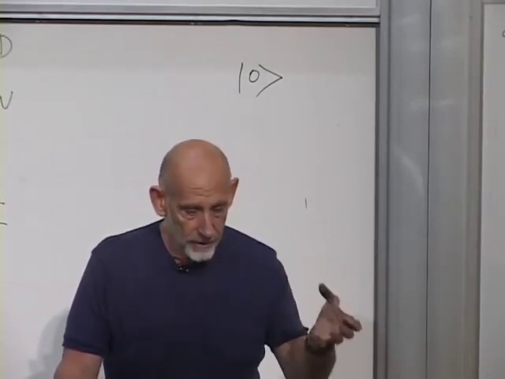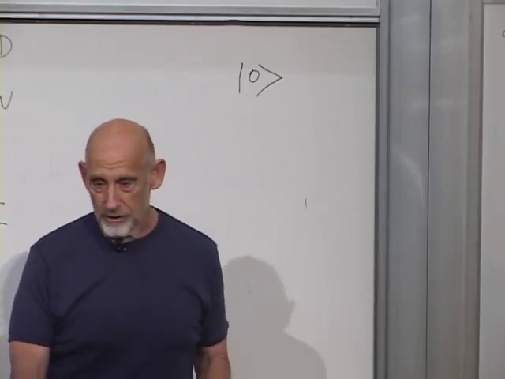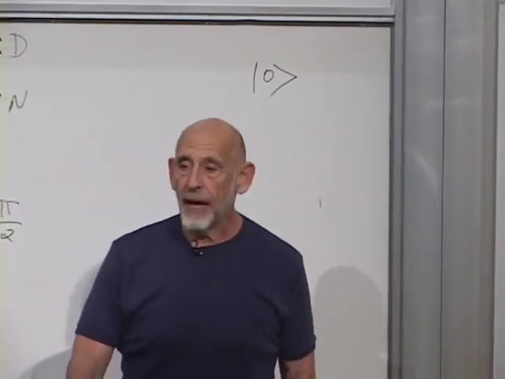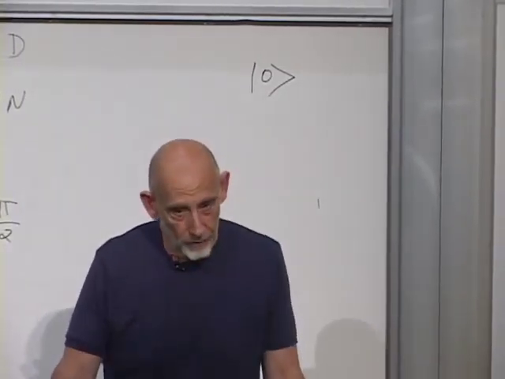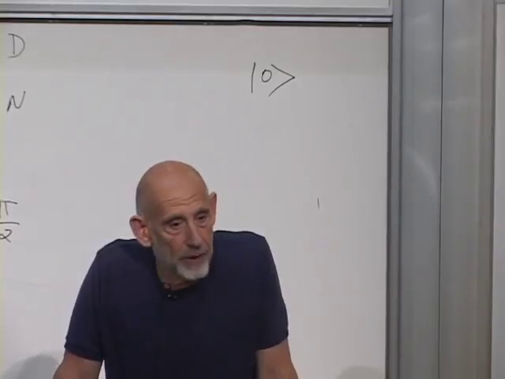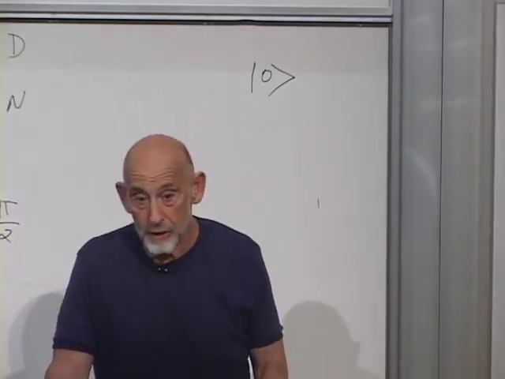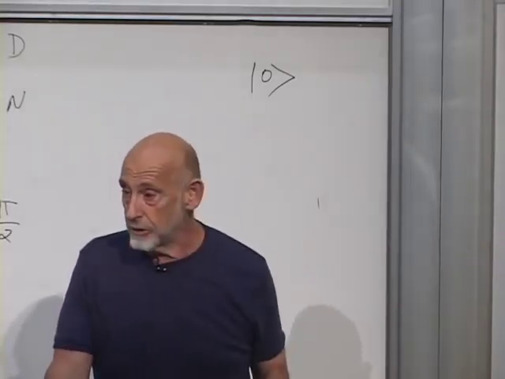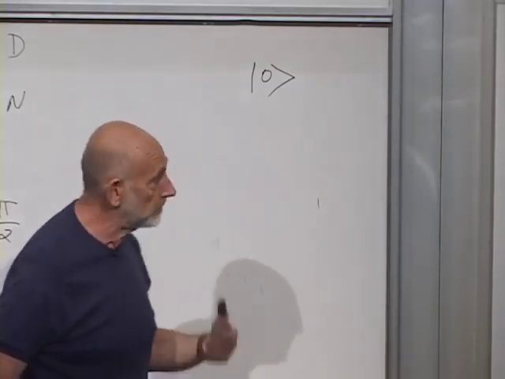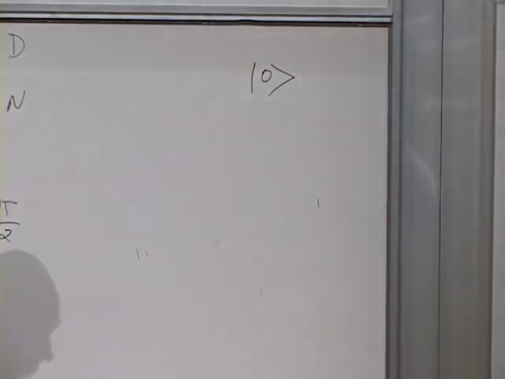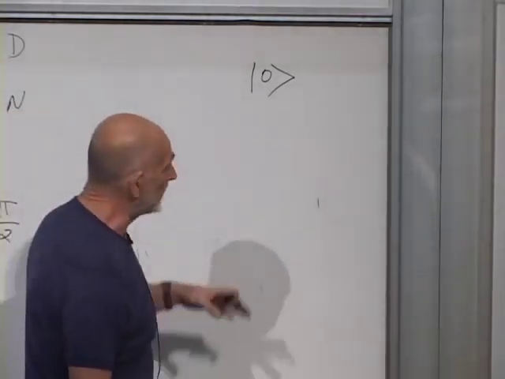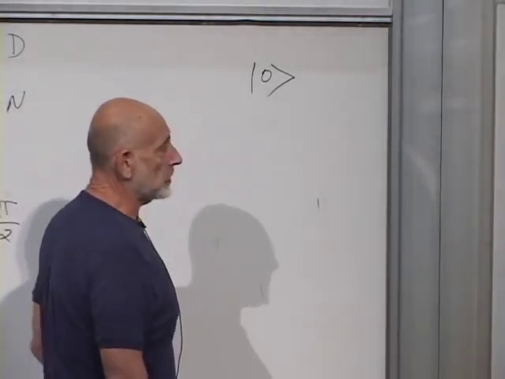So it's a string. It's a form of particle. It's got an energy. It's got a momentum. And it has a gap in its spectrum. It has a gap to the next energy level because harmonic oscillators have gaps to the next energy. The quantum harmonic oscillator, it takes some finite energy to excite it. So it's a particle.